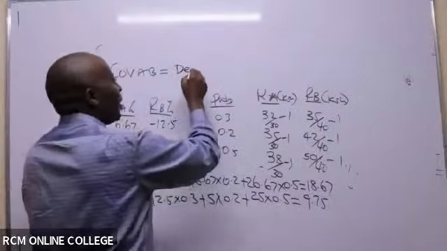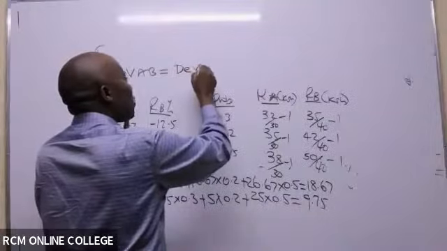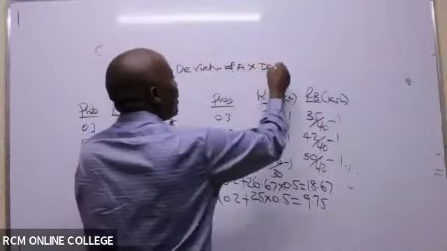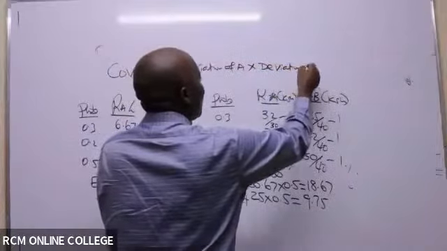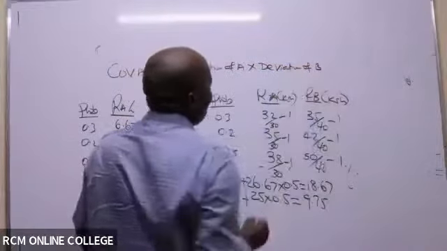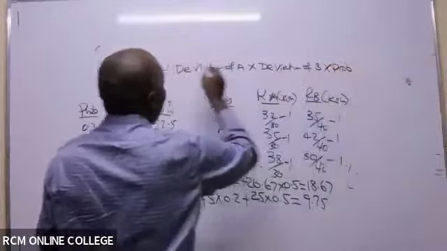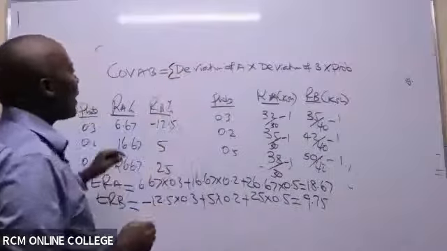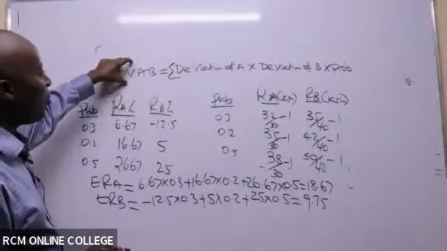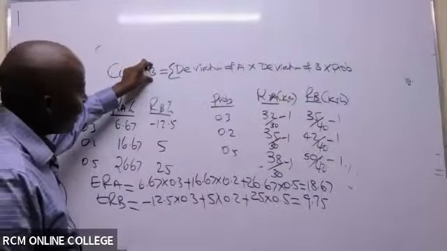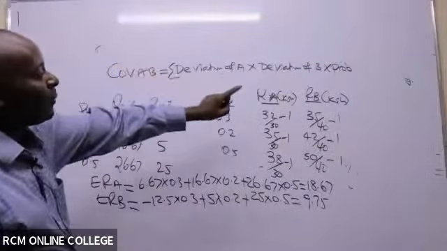In this case you take the deviation of A times the deviation of B, and then you multiply with the probability, and then you add. So anytime we talk of covariance of A and B, you take the deviation of A times the deviation of B times the probability.